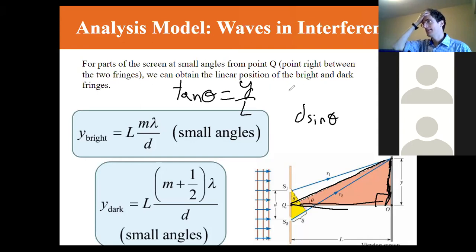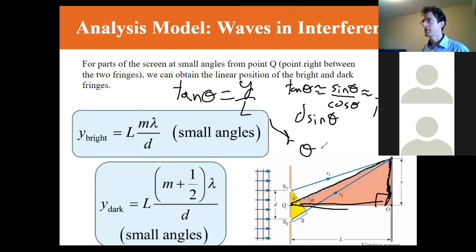So with that argument, if you break down tan theta with the small angle approximation, sine theta is approximately theta, and cos theta is just 1. In this case, the vertical position of the point on the screen is directly proportional to the angle theta and the length of the screen. But also, we said that the path difference was d sine theta, and for a bright fringe it's going to be m lambda.